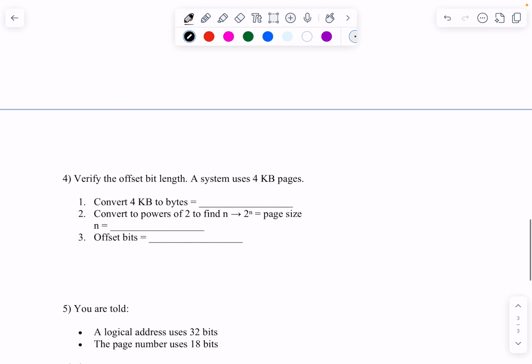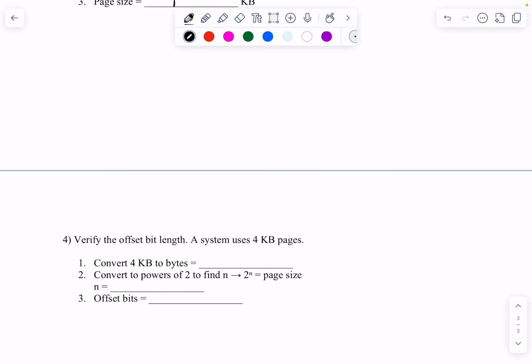All right, let's go to our second to last, and that is a system uses 4 kilobyte pages. First, we're going to have to convert our 4 kilobytes to bytes, and again, that's just going to go because 1 kilobyte is 1024, so we're going to multiply that by 4, and we get 4096 bytes.